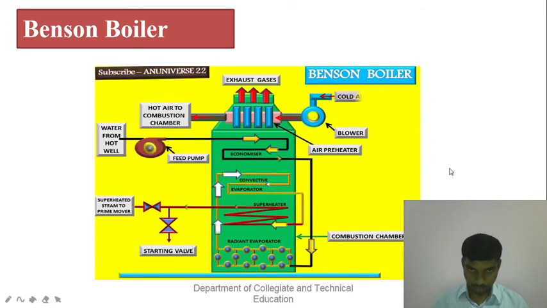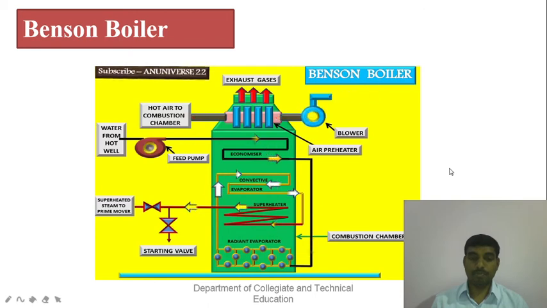And as we can see, the cold air starts to enter the boiler, and air is supplied through the air preheater, where the air is preheated with the help of the flue gases, and then the hot air is supplied to the combustion chamber.